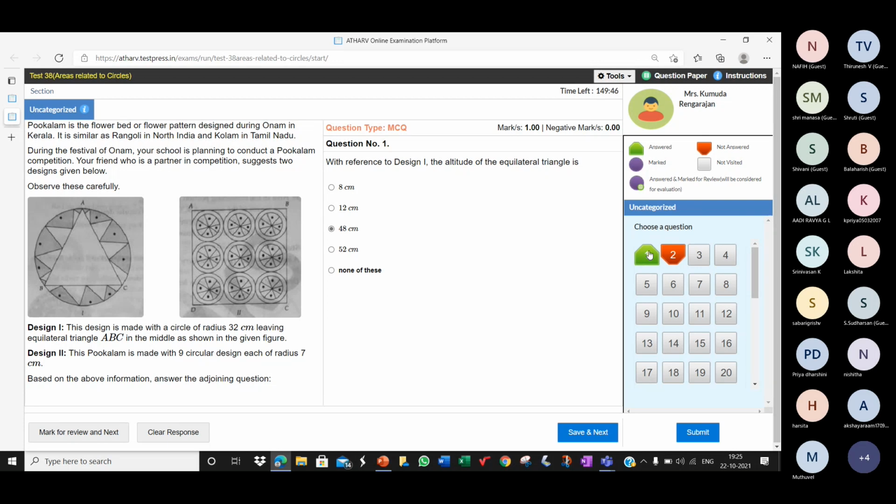So side is equal to 48 into 2/√3. We found the altitude 48, so you can also work it like this.